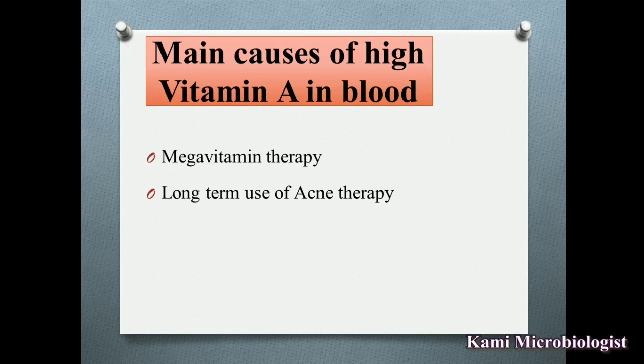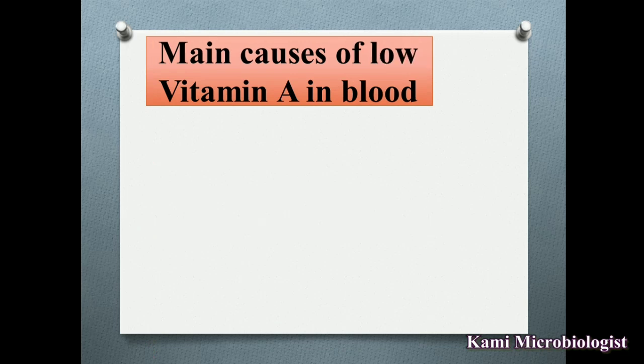If this therapy is used, obviously it may cause high vitamin A. Accidental ingestion of a high dose of vitamins is another way vitamin A will be increased in the blood. Remember guys, there will be no major problems caused by high vitamin A; a little bit of an issue, but not a lot. But deficiency of vitamin A may cause an issue.